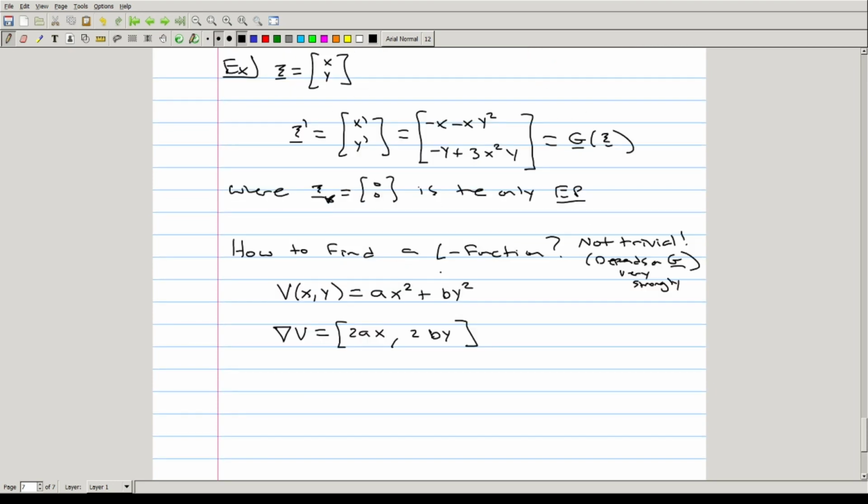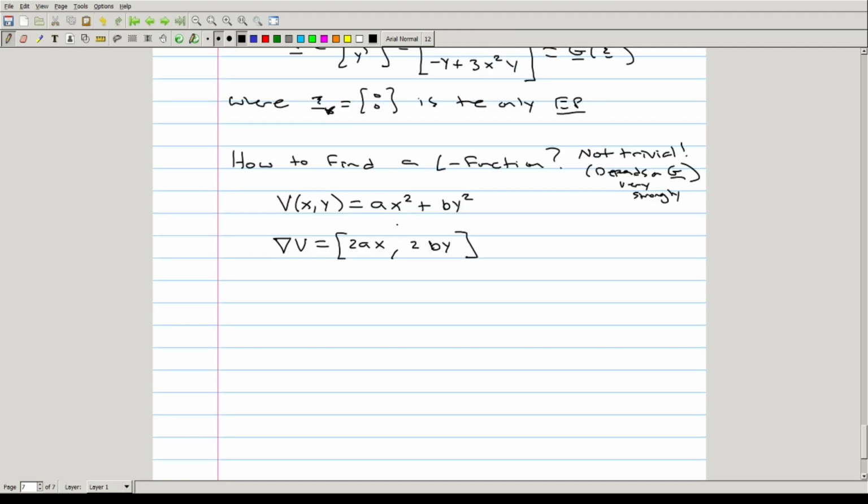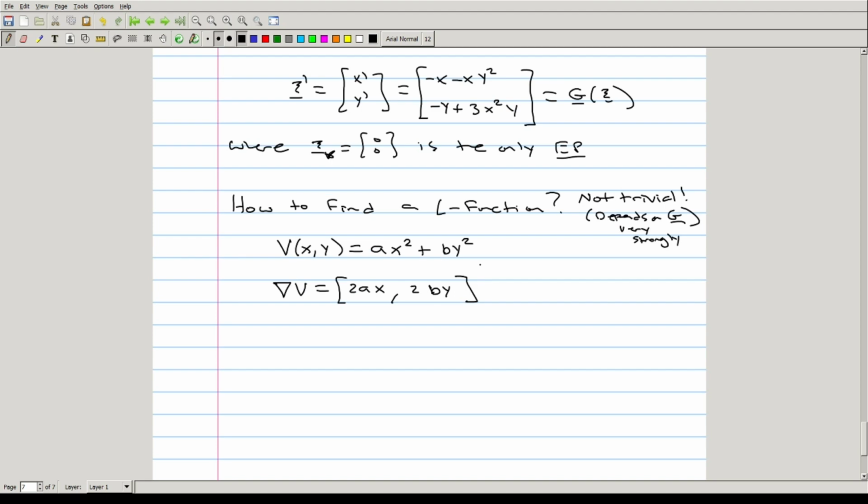And the idea then is to take a function in this form, take the gradient, and take the dot product with g, hopefully getting some simplification that'll simplify to either a strictly negative function or just less than or equal to 0 with a proper choice of a and b. And sure enough, this is exactly what happens.